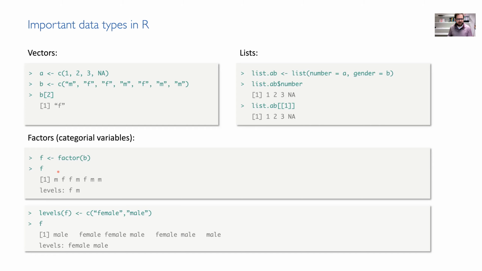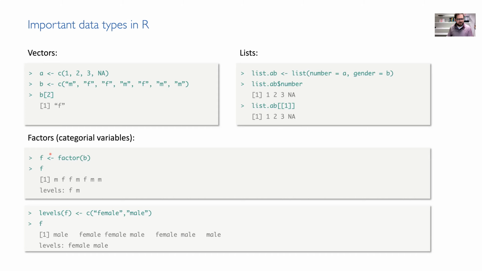What we could do instead is to say, okay, I have a variable that can only take 2 values. So I need just 1 byte at most to store which of these 2 values a given element has. And in addition to that, I save labels for these 2 values.